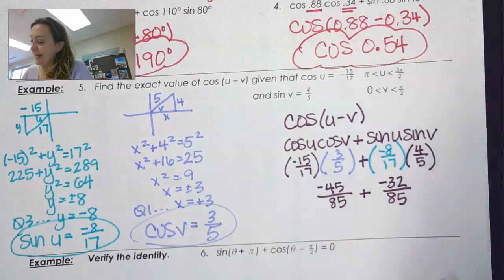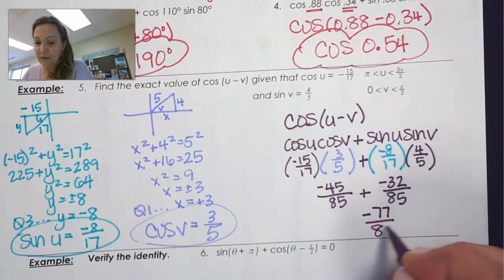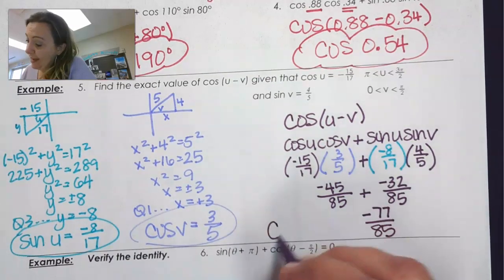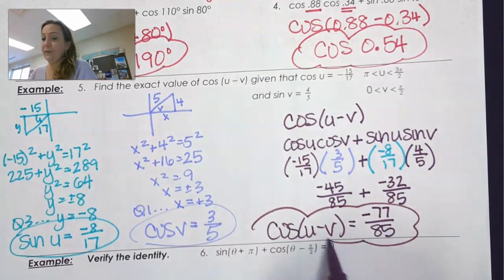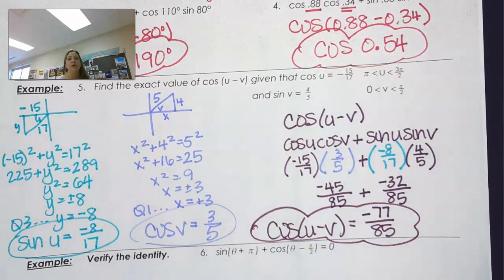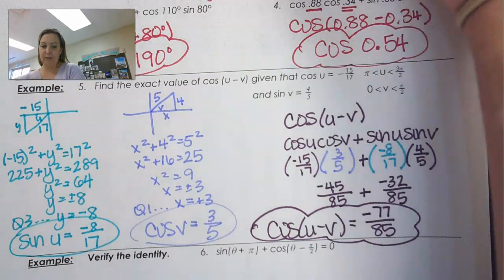Then I can combine these together to get -77 over 85. And so that, my friends, would be the value of the cosine of u minus v. If we knew what angle u and angle v were, and we subtracted to find this new angle, the cosine of that new angle would be -77 over 85.